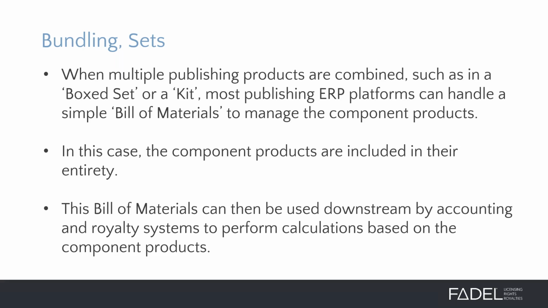In these cases, the component products are typically included in their entirety, and that bill of materials is used downstream by the accounting for revenue recognition and royalty systems to perform calculations based on the component products. The slang for that is, you explode your bill of material in order to understand what the component products are, so that you can compensate your authors who produced the component titles that were in place. This is pretty straightforward. Most systems handle this. It's actually a typical physical process.